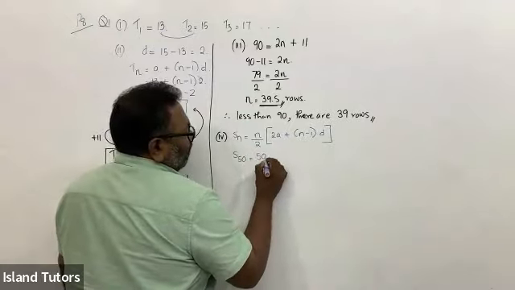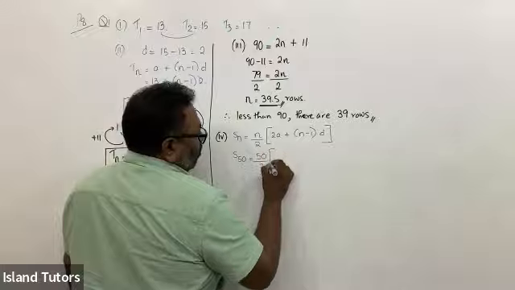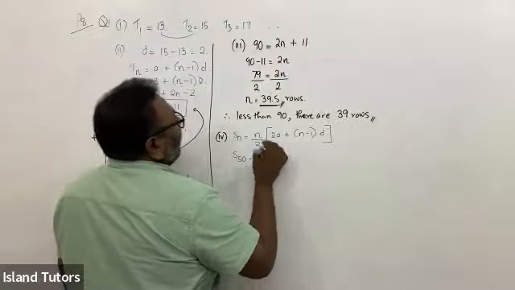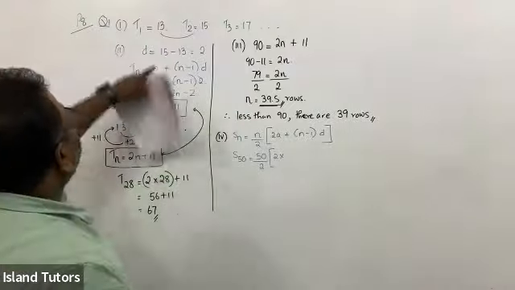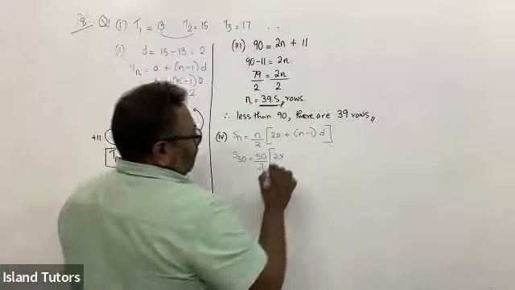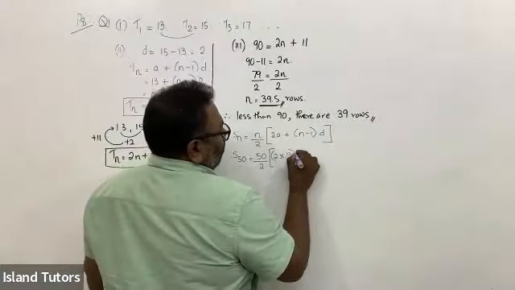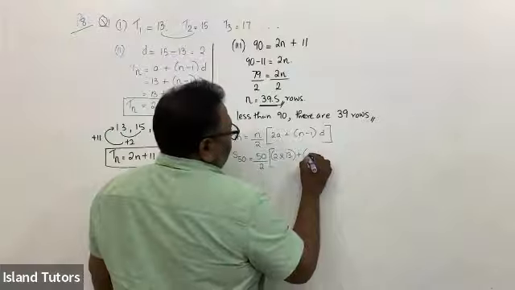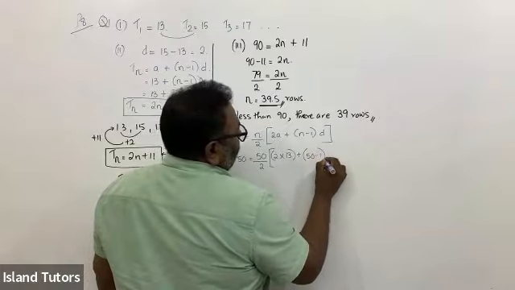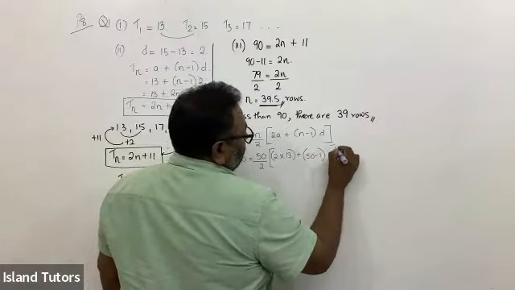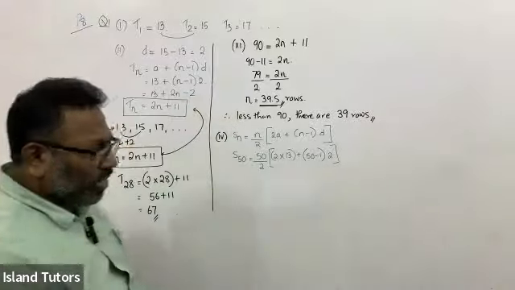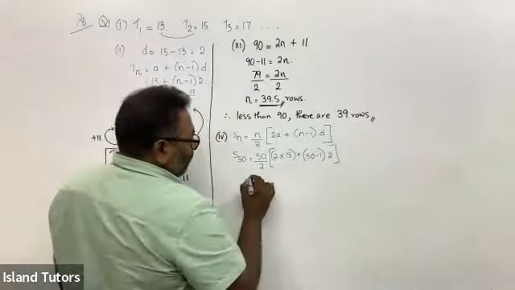So 50 divided by 2. 2 into a. A is how much? 13. Plus 50 minus 1. d is 2. Okay. So simplify.